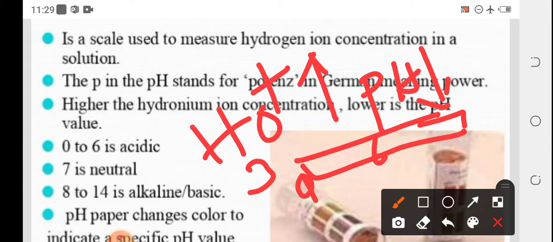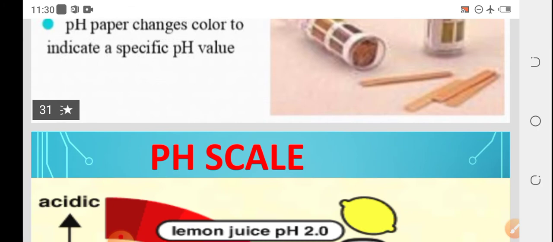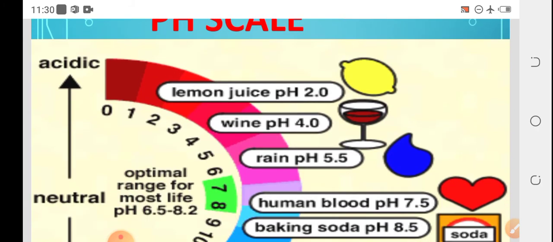The pH paper changes color to indicate the specific pH value of a material. So that is the pH scale.